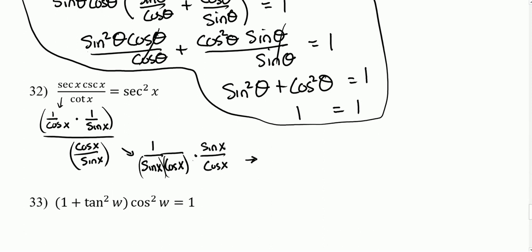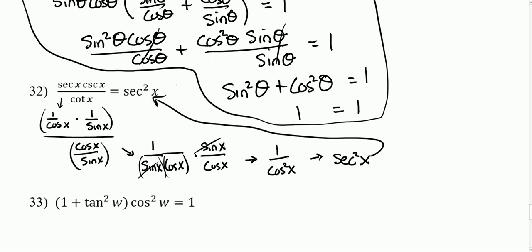So when I multiply that together, the sines will cancel out, and we end up with 1 over, we've got 2 cosines, so cosine squared x. And 1 over cosine is secant, so that's secant squared x, which is what we were trying to show it was equal to. So there's our proof.